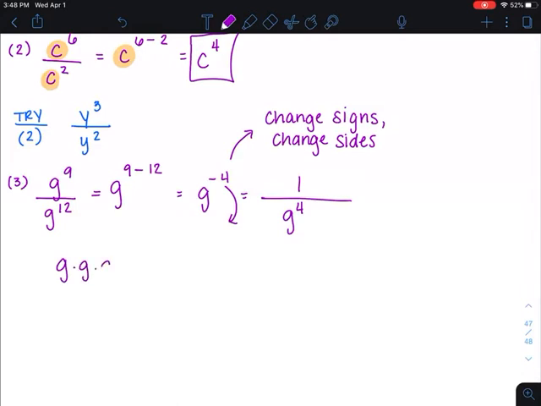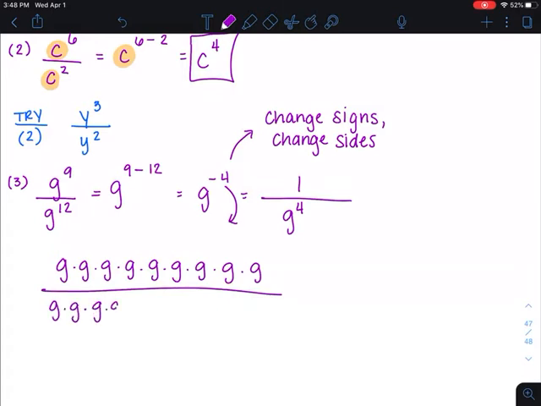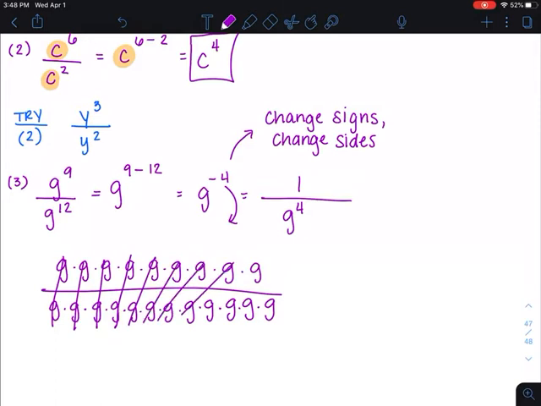Another way you can think of it, if you have 9 g's over 12 g's, you can cancel, cancel, cancel.